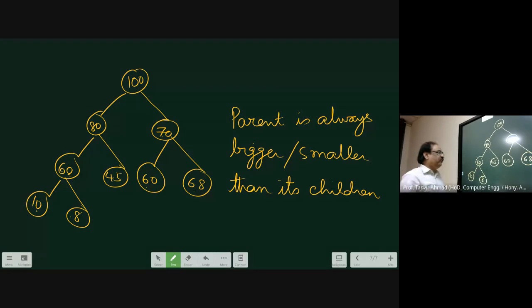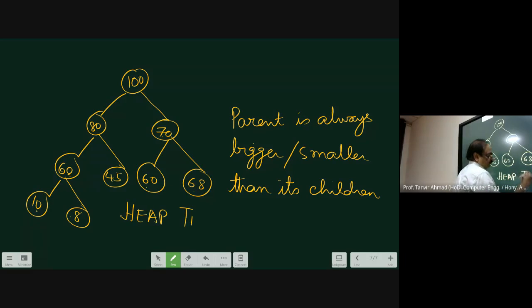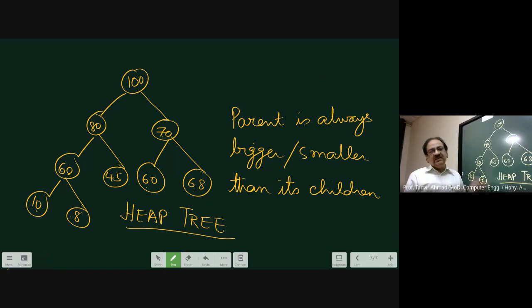Now, this type of tree is called a heap tree. That means the parent is always bigger than or smaller than the child, and this is recursive, which means at all levels this has to be followed.